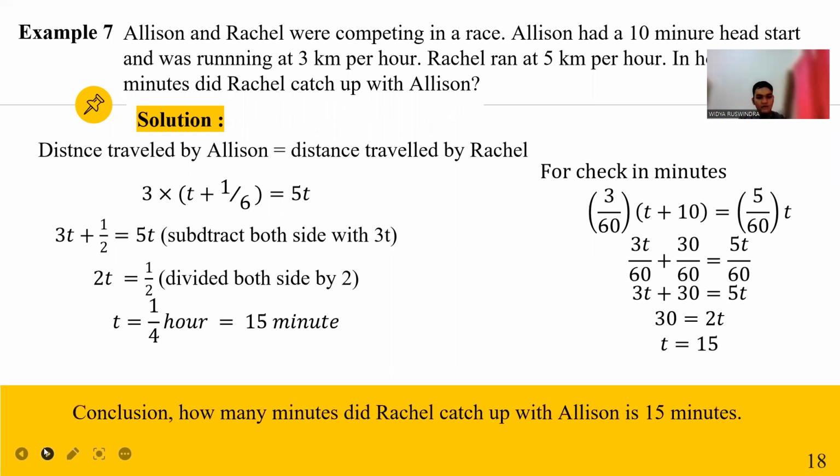So, conclusion, how many minutes did Rahel take to catch up with Alison? It is 15 minutes.